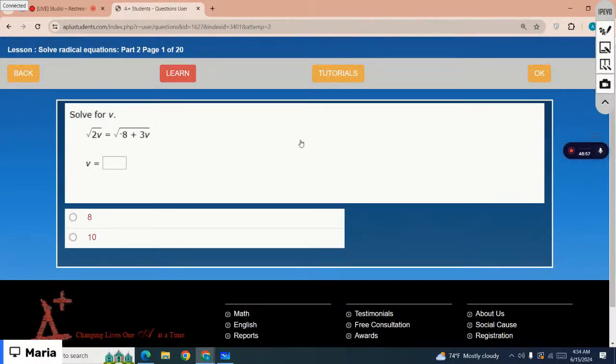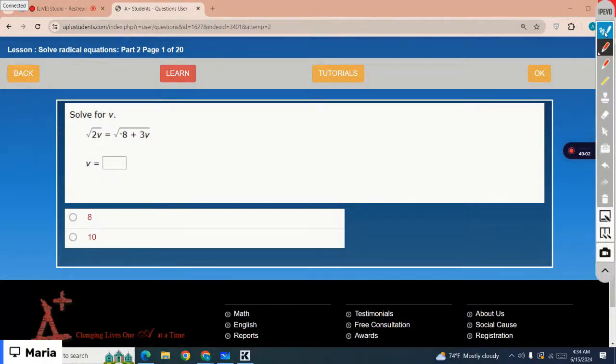Okay, on both sides square root, right? So they cancel out each other. You are left with 2v equals -8 plus 3v. So move 8 to the other side. 3v minus 2v equals v. v equals 8.